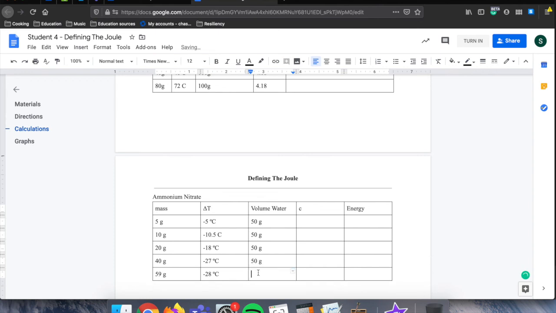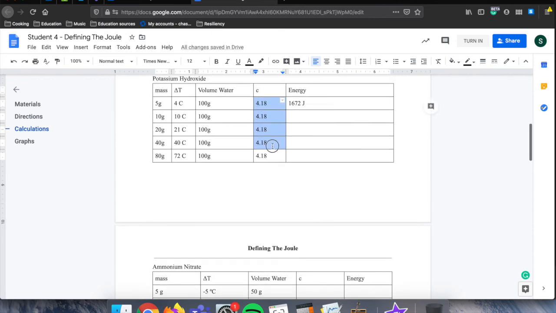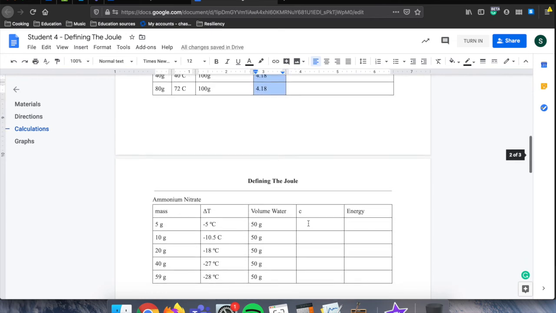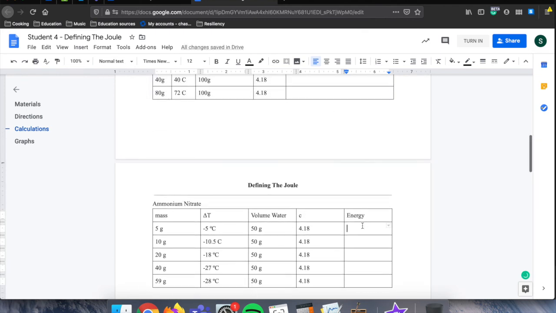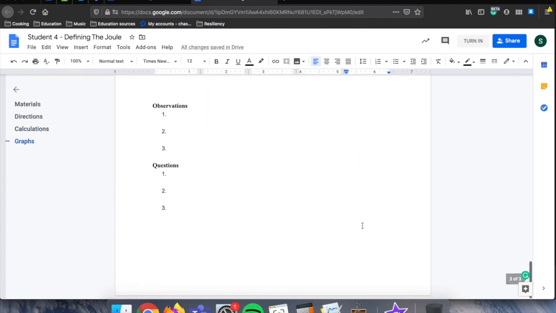And then this would be the same as this one. It's always going to be that 4.18. Now the only difference here is this is a negative number, so this is also going to be a negative number. It's going to be a negative amount of energy, right? Okay, there we go. So make those calculations.